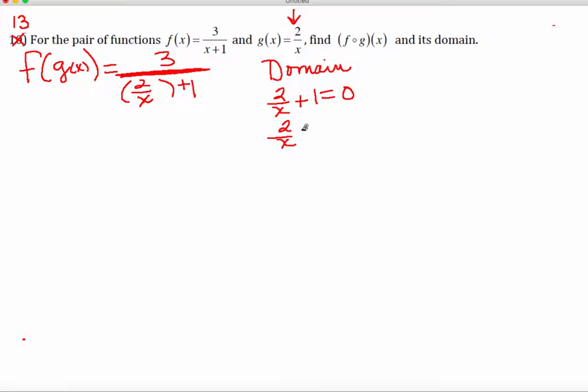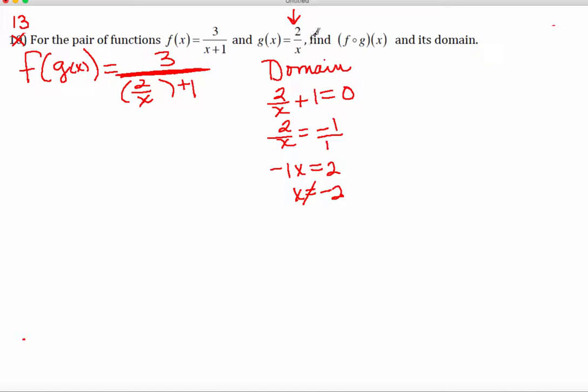I get 2 over x is equal to negative 1. I'm going to multiply both sides by x, or if you want, you can make this a proportion if that helps you solve it a little bit easier. And I get negative 1x is equal to 2, divide both sides by negative 1, I get x is equal to negative 2. Technically, that is what x cannot equal because it makes a 0 in the denominator. And that takes care of the domain of my composite function.